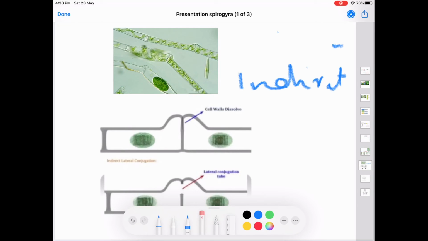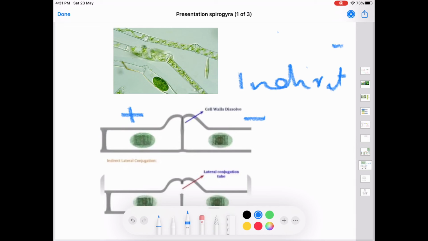The filaments taking part in the lateral conjugation are homothalic, that is two different cells in the same filament are acting as male and female, so it is known as homothalic type. One of the cells will act as a male cell and the other as the female cell. The two adjacent cells are taking part in lateral conjugation.